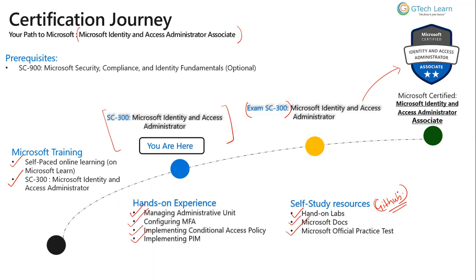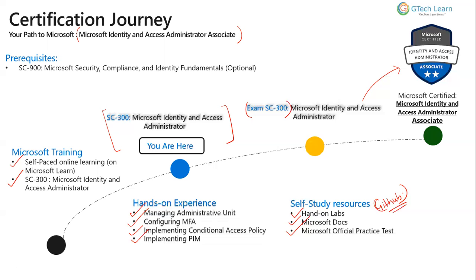From GitHub, you can download those templates and files and build the hands-on labs yourself. Apart from that, you can subscribe for an Azure subscription for a specific period of time and use that subscription access to perform your hands-on lab practicals.